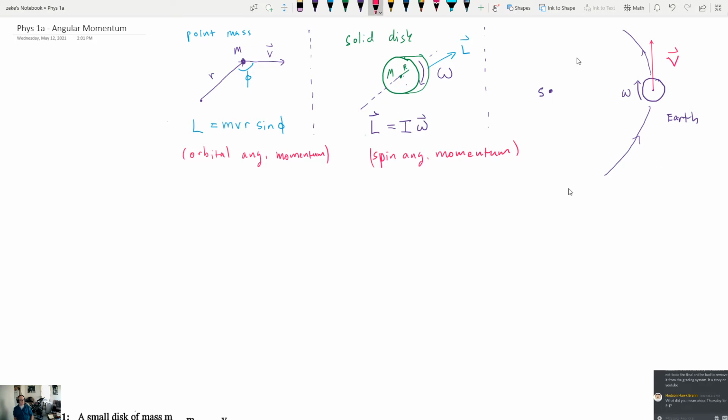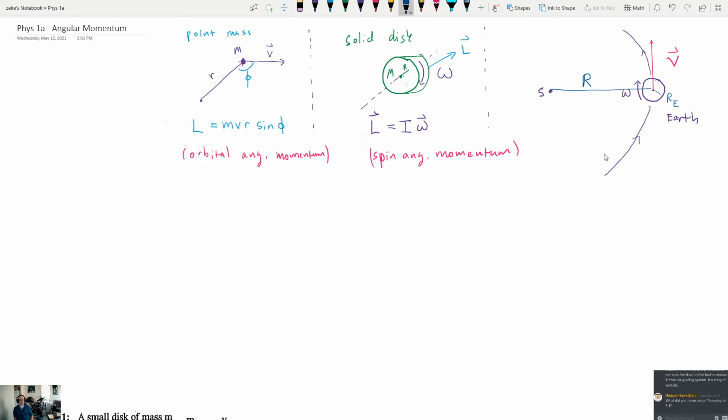And this one here has both, because it's rotating on its axis, but it's also orbiting around the sun. So we're going to need two different distances to define what's happening. In blue here, we'll define the distance between here and here as big R, and let's call the radius of the Earth R sub E.